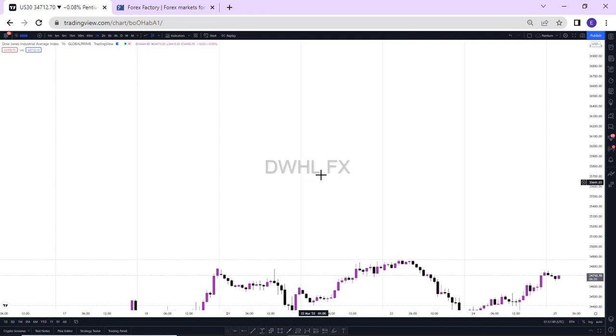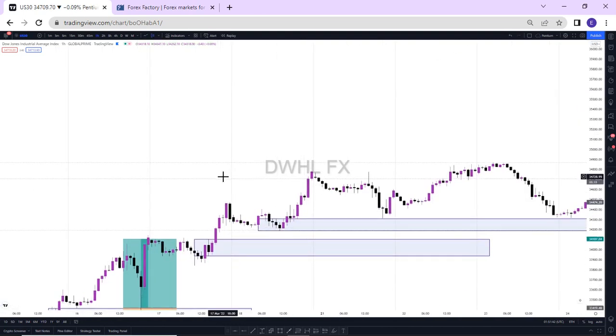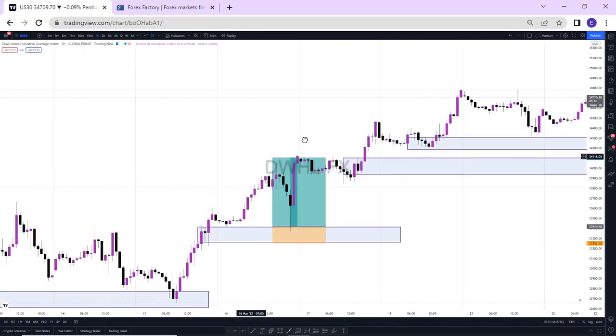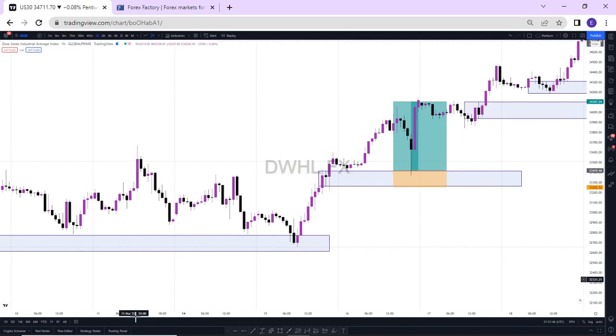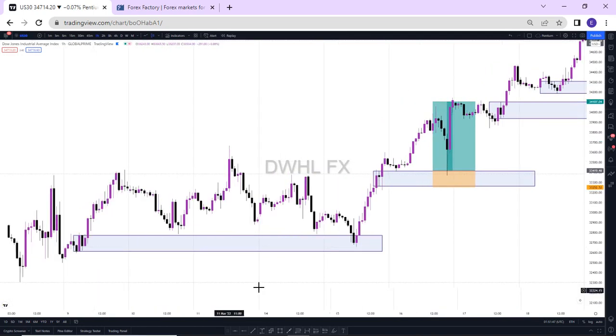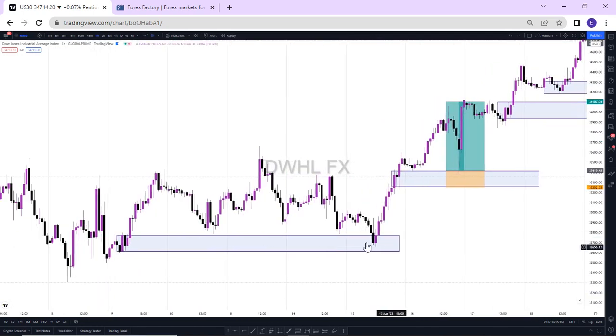Instead of starting all the way from daily, we'll just start from H1. I missed this entry, but with market structure, this is how powerful market structure is. I missed this entry, but then with market structure, we got this beautiful entry.